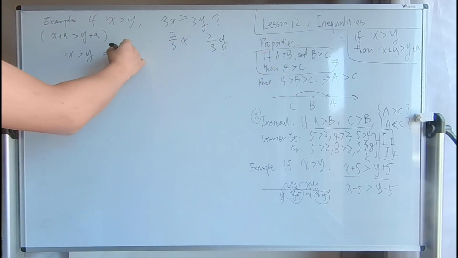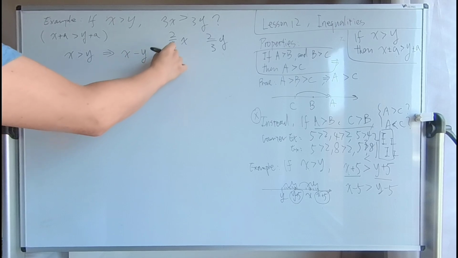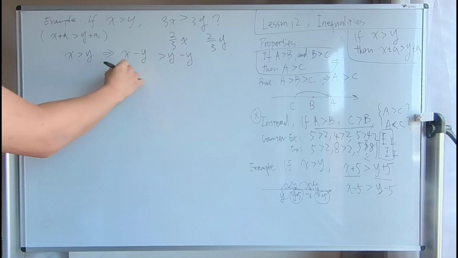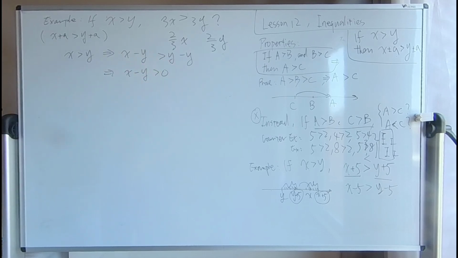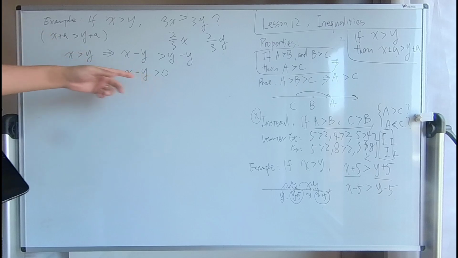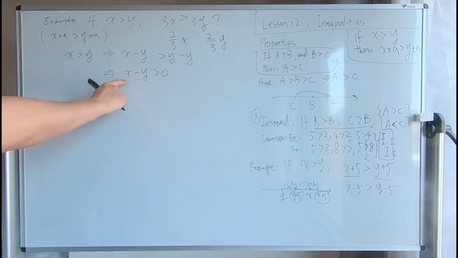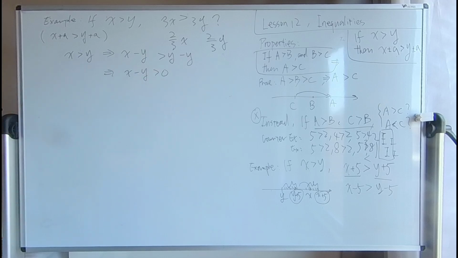So this time I decide to subtract y on both sides. Then I have x minus y greater than 0. This is quite intuitive, right? If x is greater than y, then of course x minus y is greater than 0.